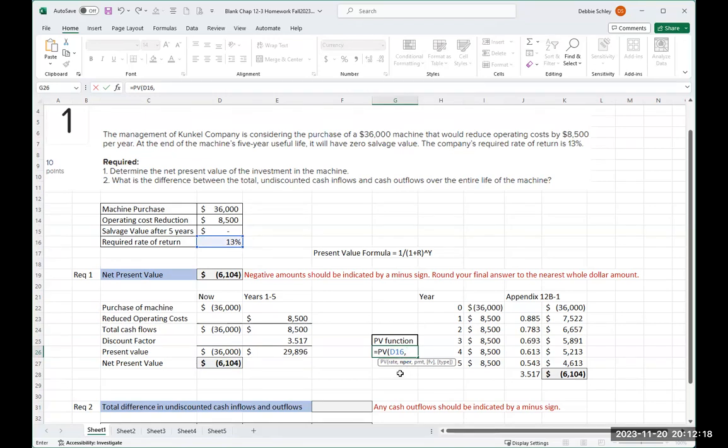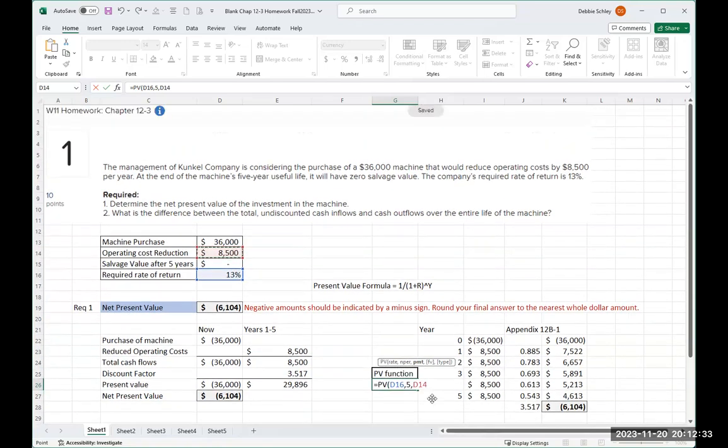which I don't have that anywhere, so I'm just going to type in 5 because it's 5 years. And then the payment is the 8,500 because, right, I'm just doing the present value of the cash inflows. I don't have a future value, and I don't need to put a type. I can just close the parentheses there.